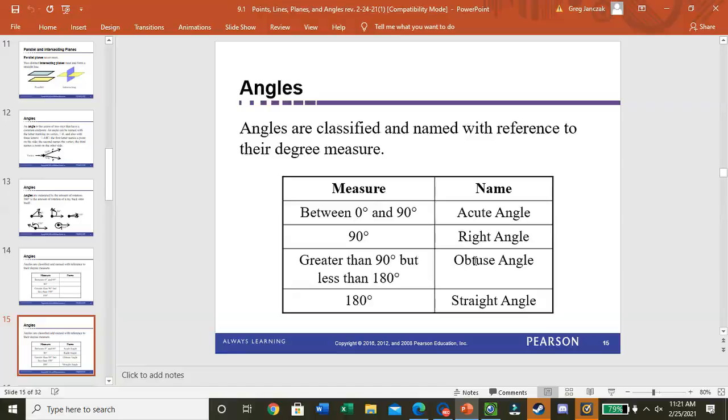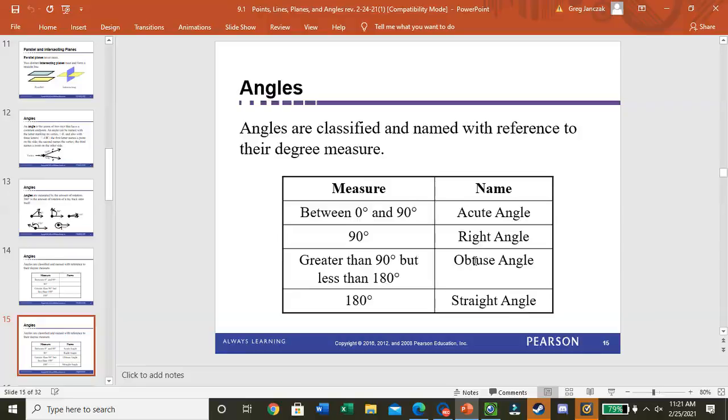Okay, so 90 degrees, that would be a right angle. Greater than 90 but less than 180 is an obtuse angle, and 180 degrees is a straight angle. This meter stick here would be considered a straight angle, 180 degrees. That matters, because when we get into parallel lines, you can use straight angles to help you find other angles.